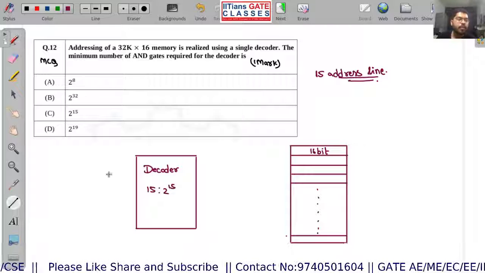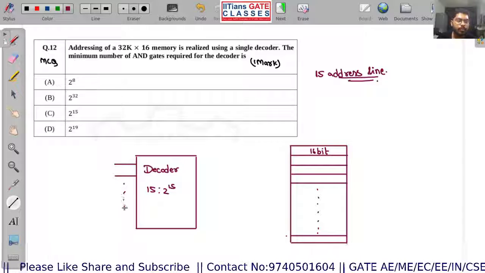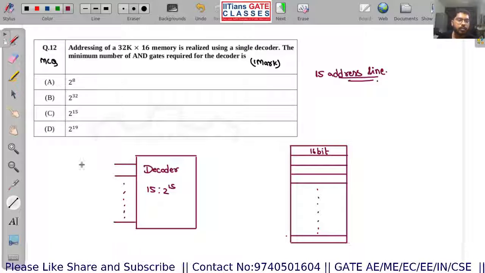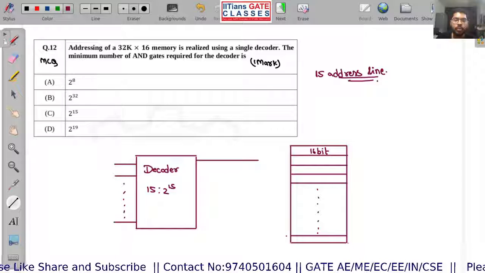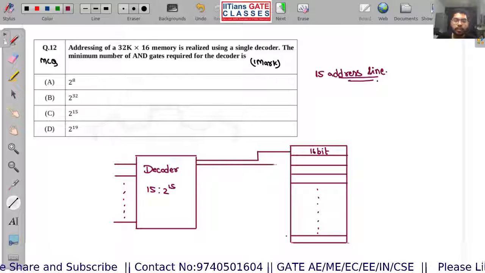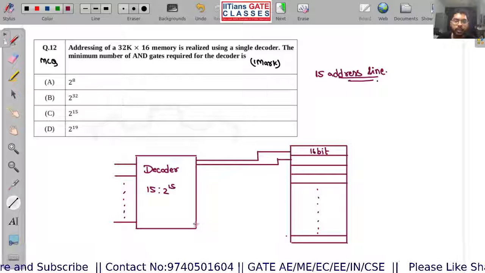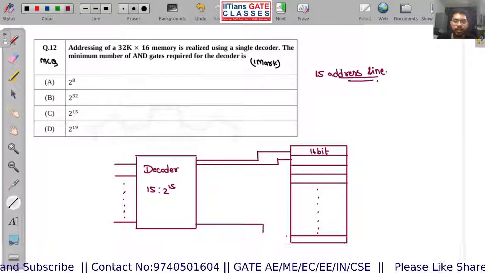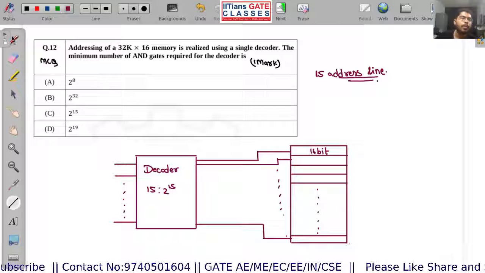So I have 15 input lines, and the output lines are how many? 2 to the power 15. So this line will be given to this memory location, this line will be given to this memory location, and the last line will be given to the last memory location. Okay, so like this.